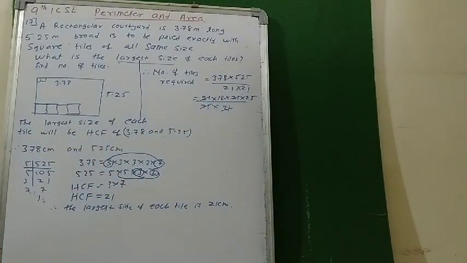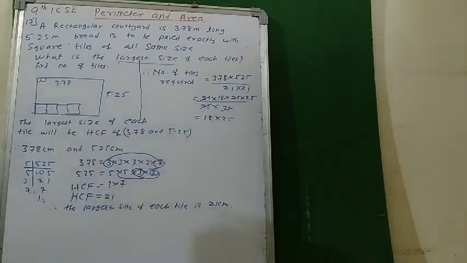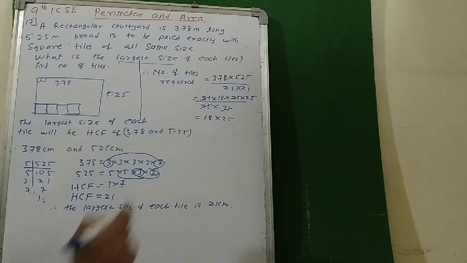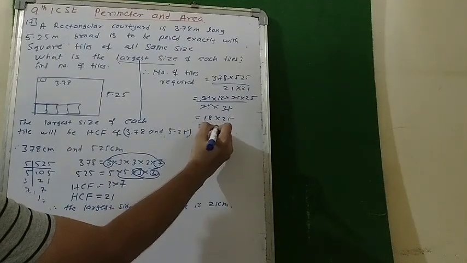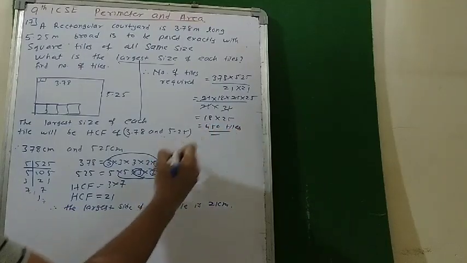Area of one tile, and the tile is in the shape of a square. And 18 into 25 will give me 450 tiles.